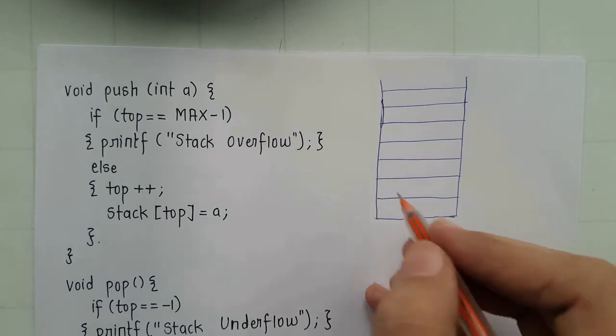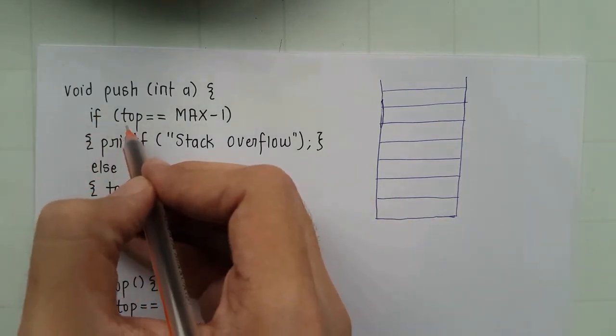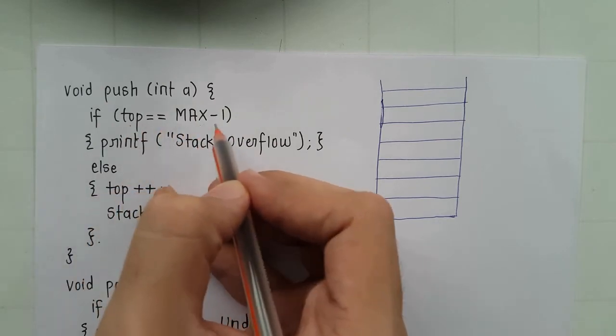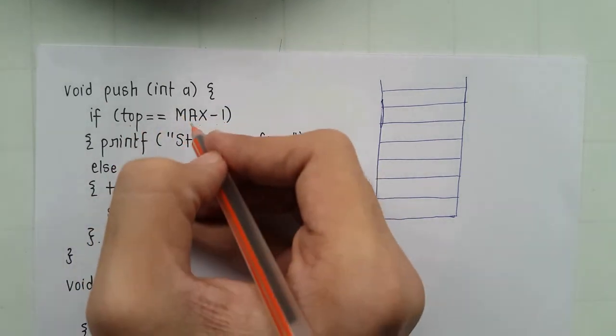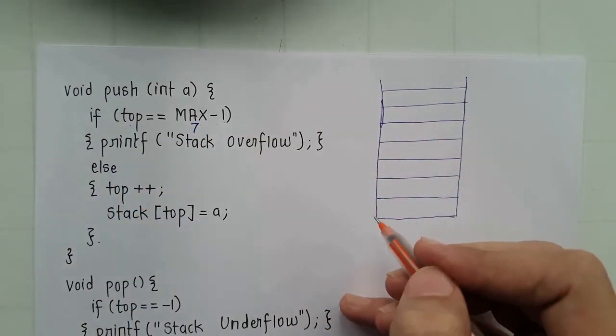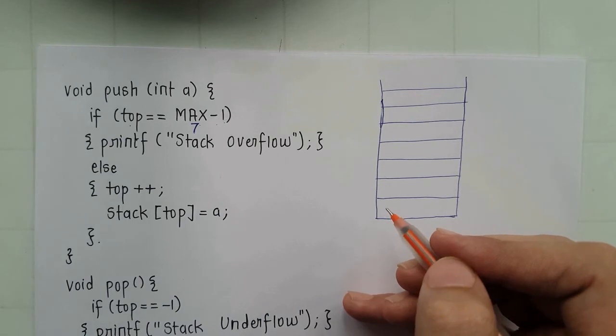So the if condition is executed. It checks whether the top equals MAX minus 1. So we know that the MAX here is 7. That is, we have the 7 size of our stack.